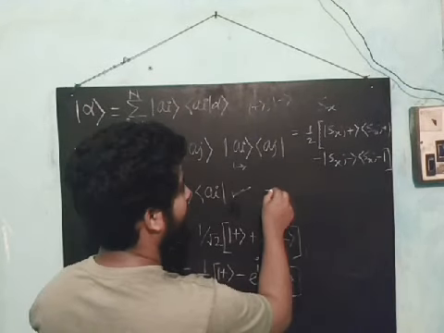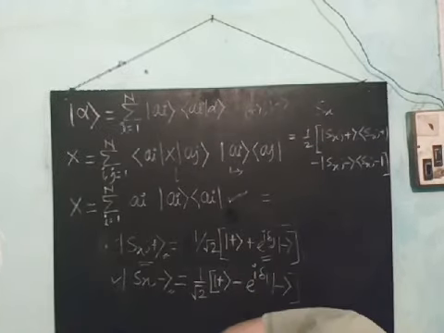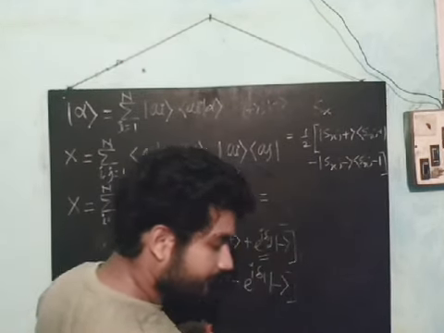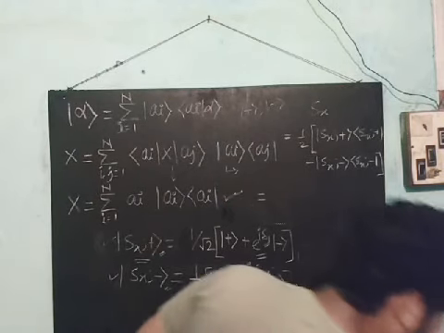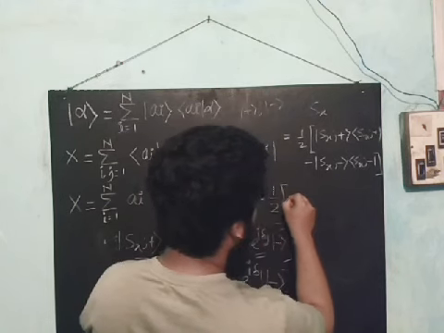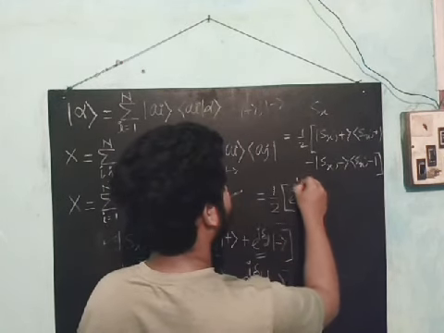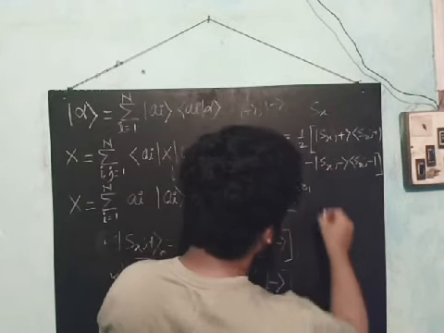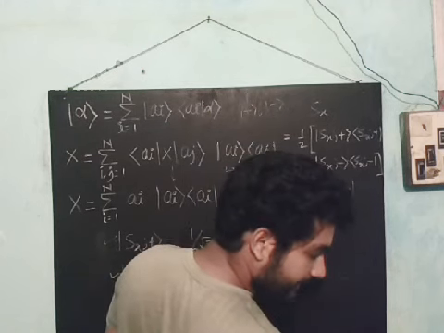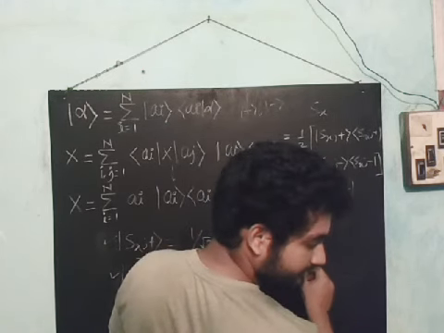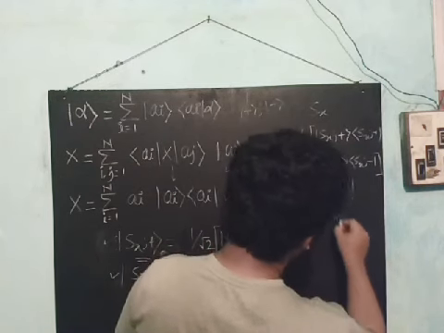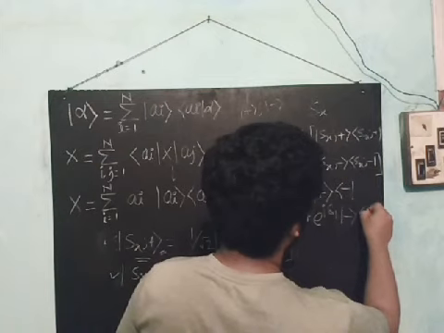Now I have the result in my notebook. Sx will be half, e to the power minus i delta 1, positive negative, plus e to the power i delta 1, negative positive.